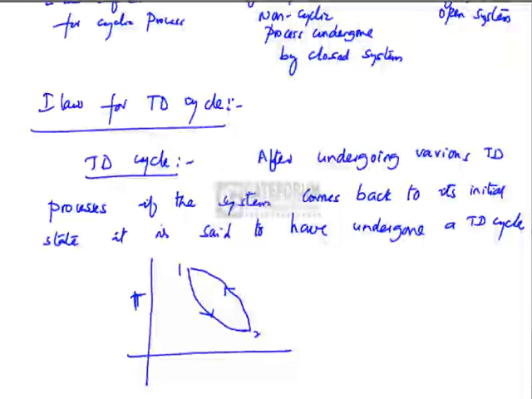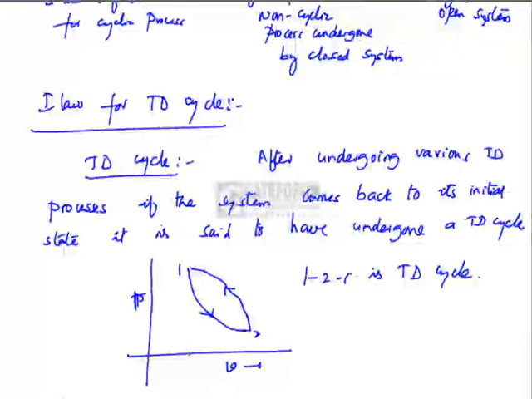A cycle may have 2 processes, 3 processes or 4 processes. Most of our thermodynamic cycles do have 4 thermodynamic processes.